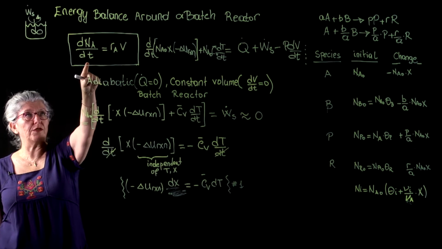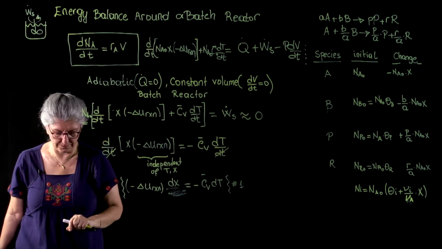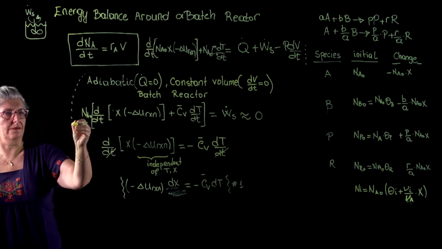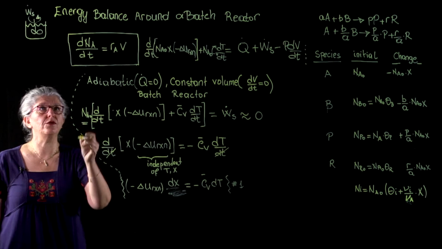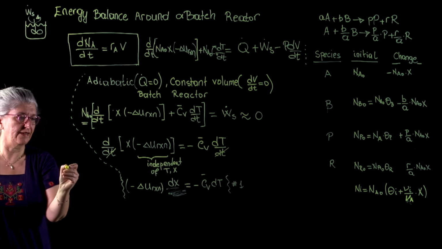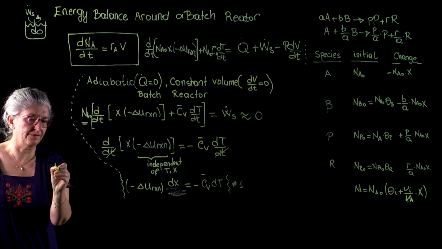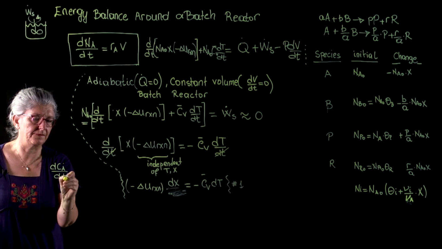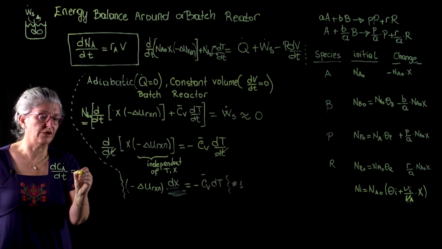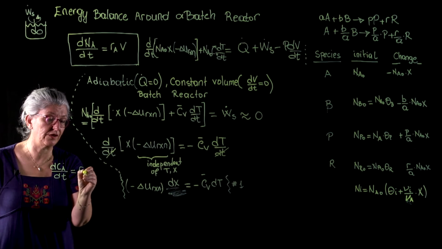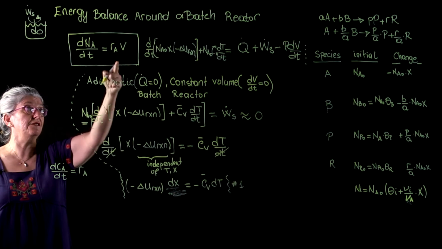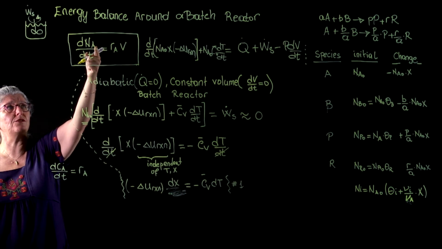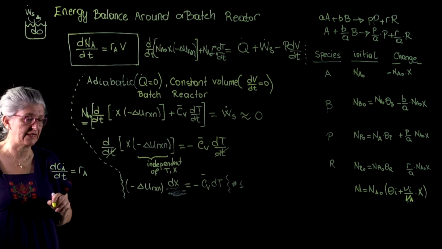From the species conservation equation for a constant volume batch reactor, we are going to bring in d Ca over dt equal to Ra times V. This is a constant volume batch reactor, so V went to the other side of the equation, entered into the derivative, and Na over V became Ca.